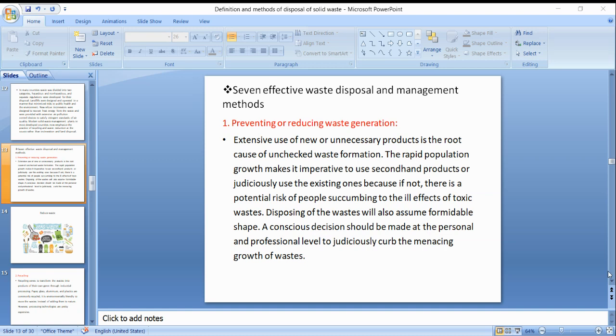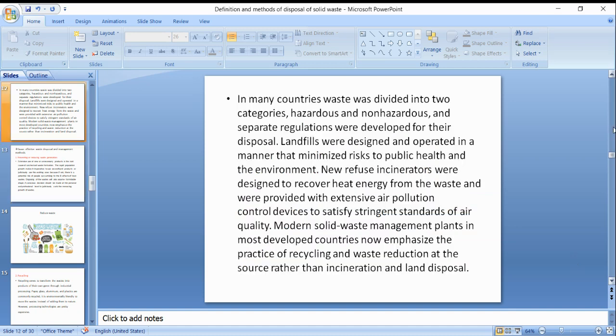Today we have covered separation and segregation, recycling and reusing, composition and quantity of waste, the definition of disposal, and how waste management takes place to dispose of the waste.